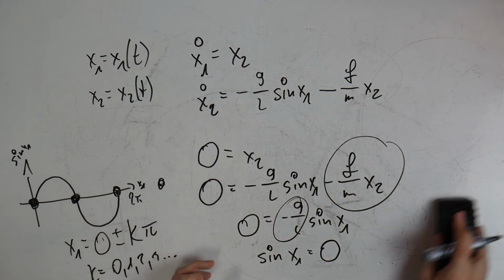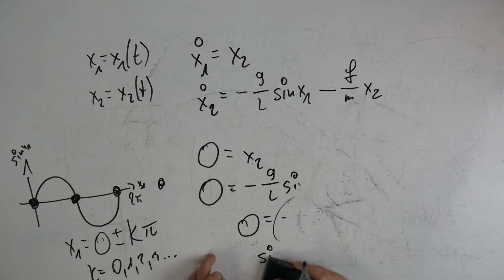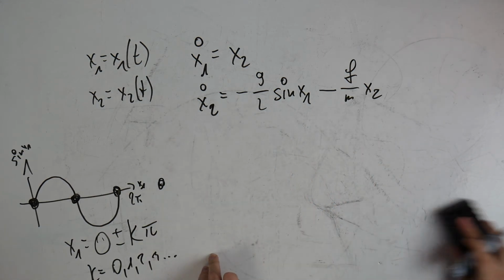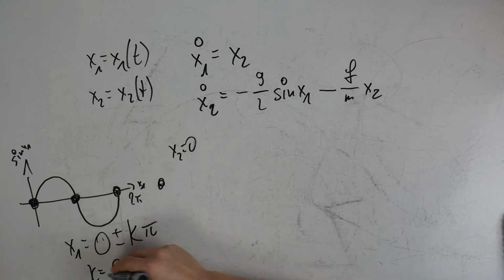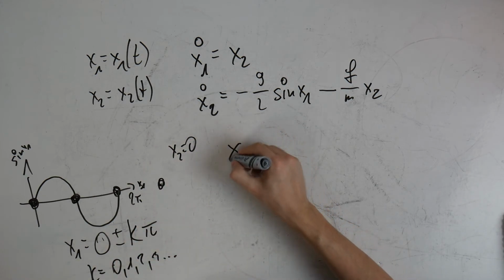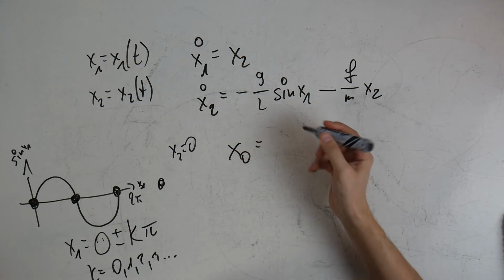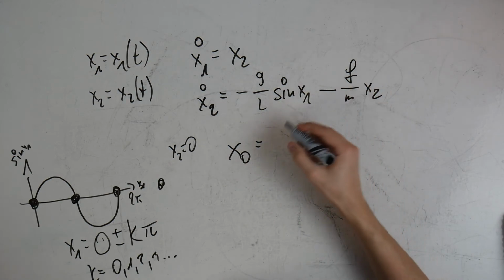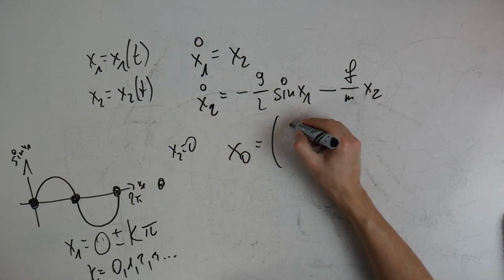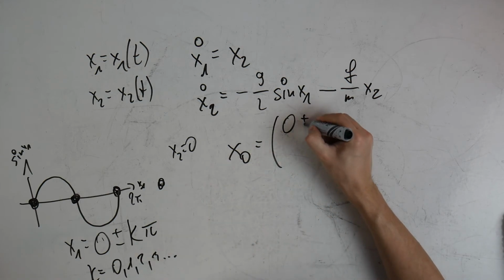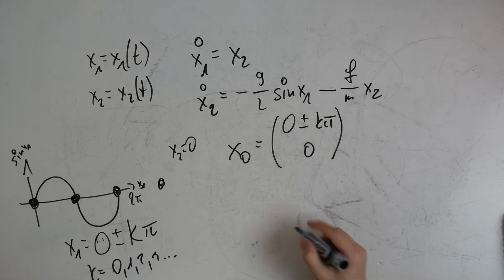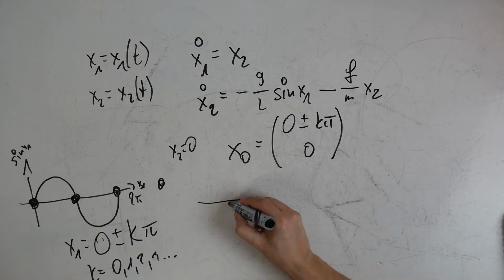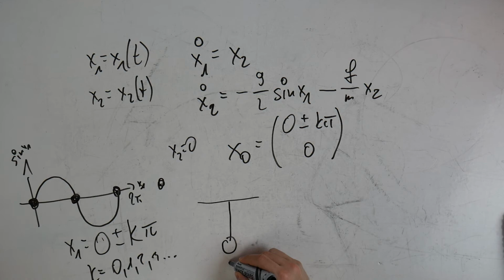What does it mean in a mechanical sense? Well, my pendulum got complicated. I got here x2 equals 0, and x1 like that. So x0, my set of equilibrium points, is x1 equals 0 plus or minus k pi, and velocity 0. My first one is at the bottom and not moving, velocity 0.